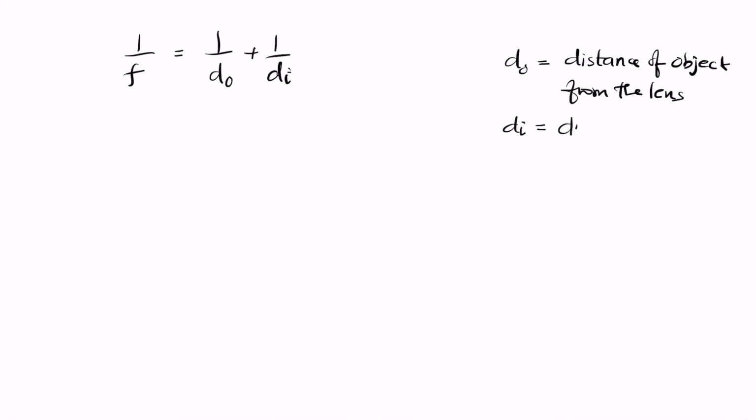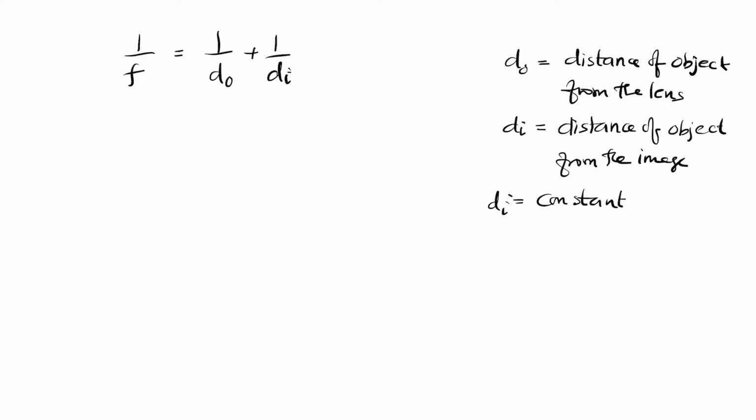Di is the distance of the image from the lens. In your eye, di is generally constant. This di is the length of your eye, that's about 2 centimeters. So di is a constant.